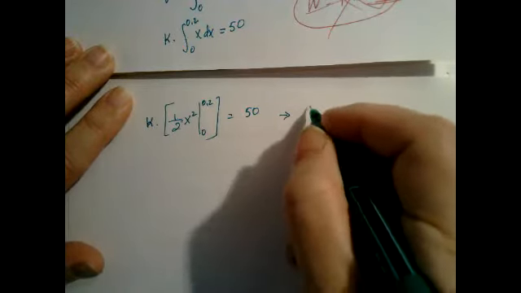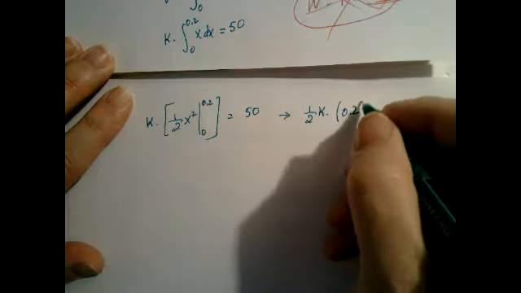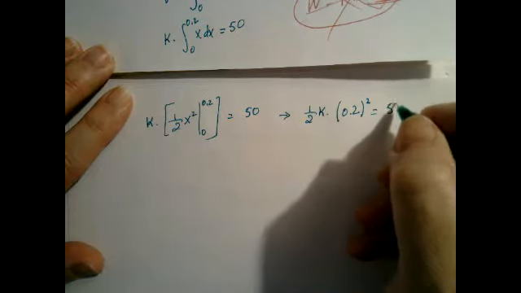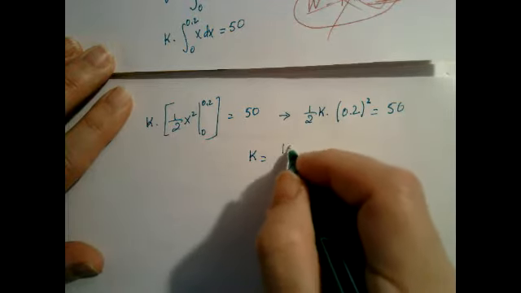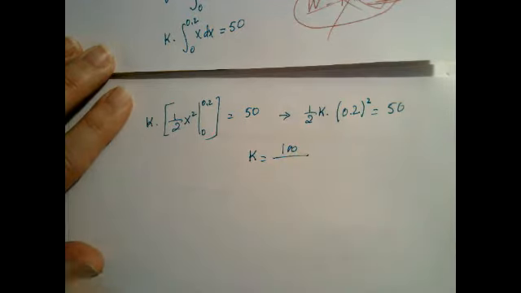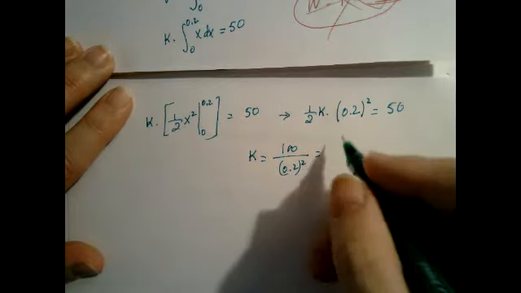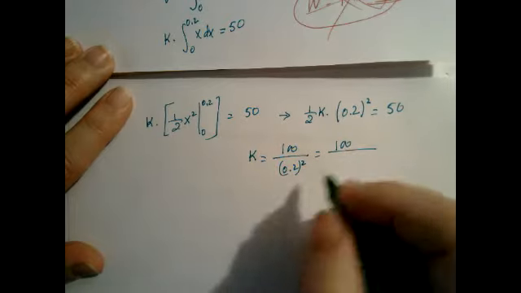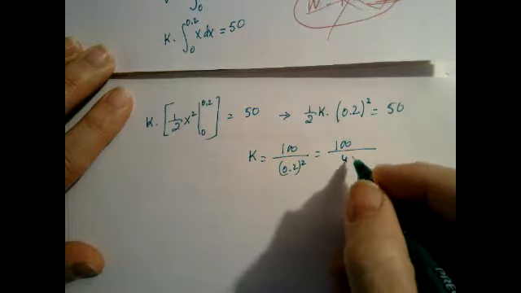It means a half k times 0.2 squared is 50. It means k equals 100 over 0.2 squared. Okay, I don't know if you guys have to do the math faster, 0.2 is 2 over 10.